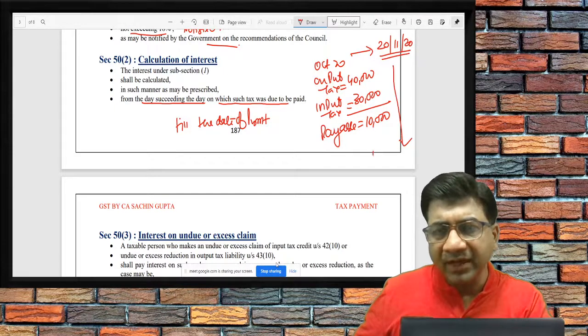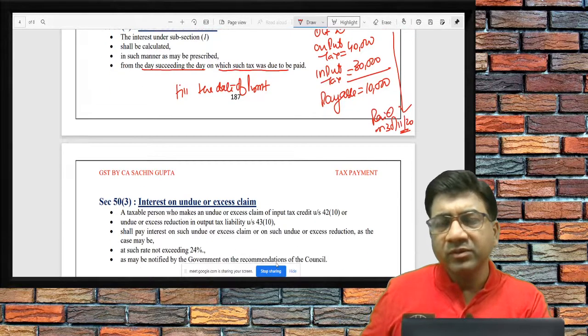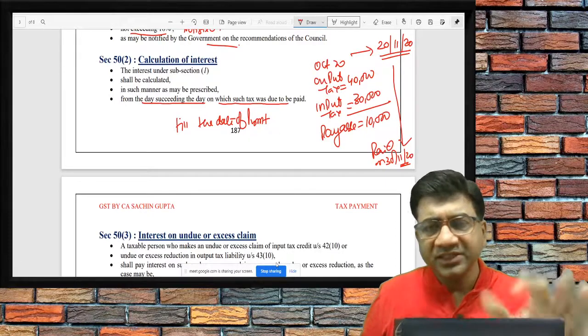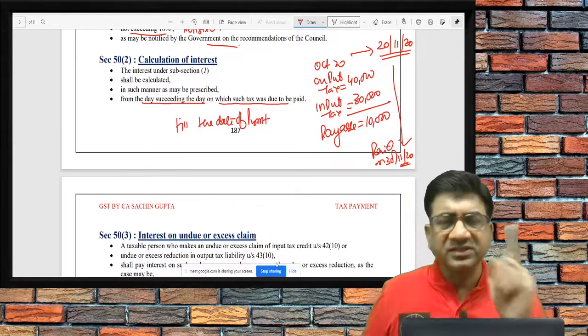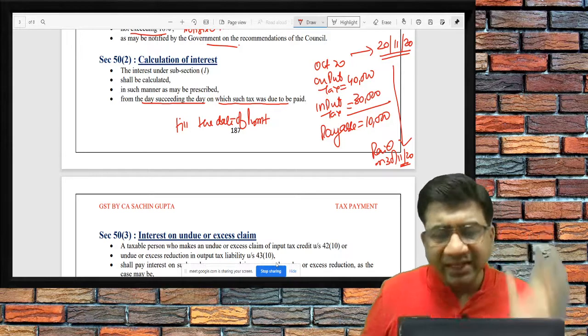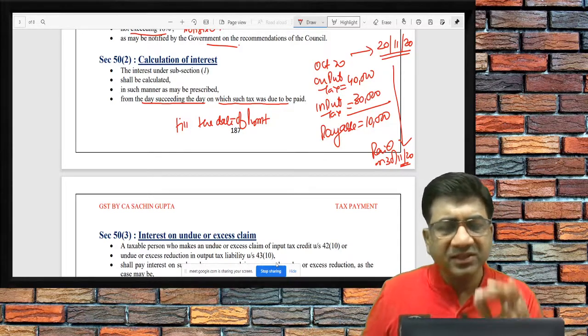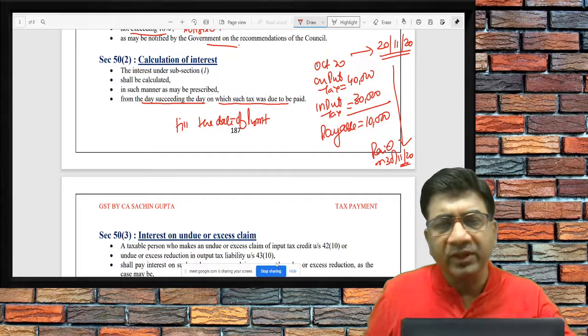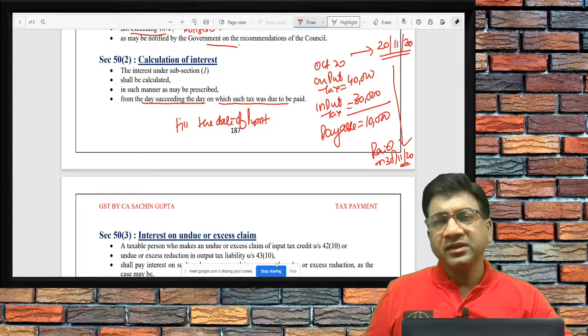Guys, but I paid on 30th November 20. On what amount I shall pay interest? First thing, on the gross amount or on the net amount? And secondly, what is the amount of interest I need to pay? Two things you have to tell me.